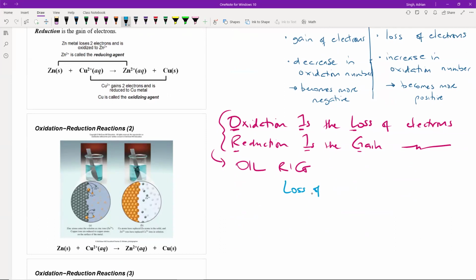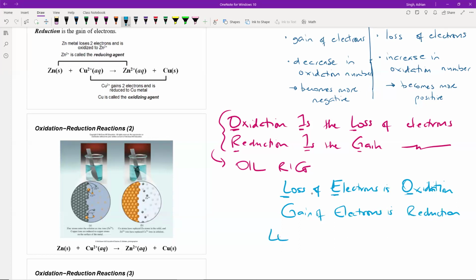Okay, another way that this is represented is slightly different, but it means the same thing. Loss of electrons is oxidation. Gain of electrons is reduction. And the mnemonic here is LEO. So that's Leo, and GER.